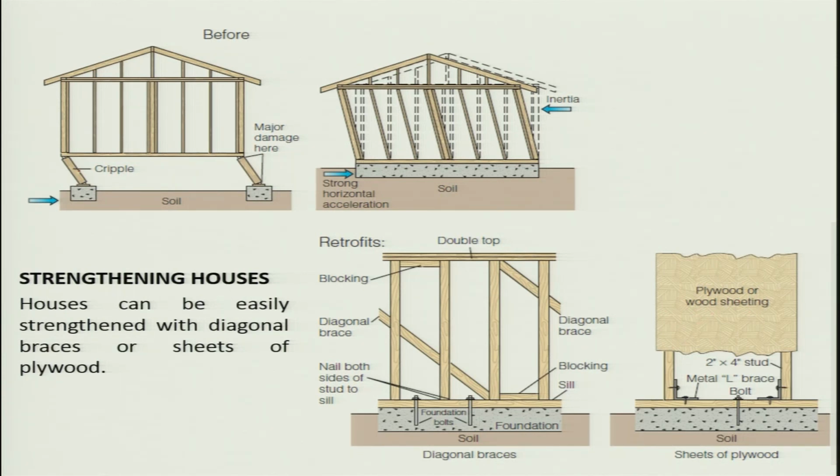Otherwise, if you have just clamped, then there are chances of crumpling of these two columns here, and these two members will be damaged, and the same is the case with this one. But if you have applied diagonal braces or the ply, then you can safeguard the structure.